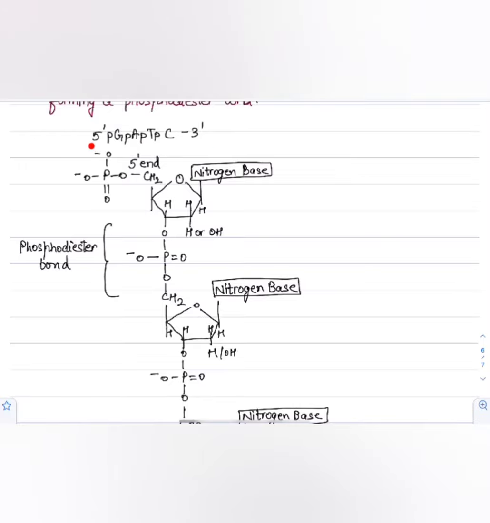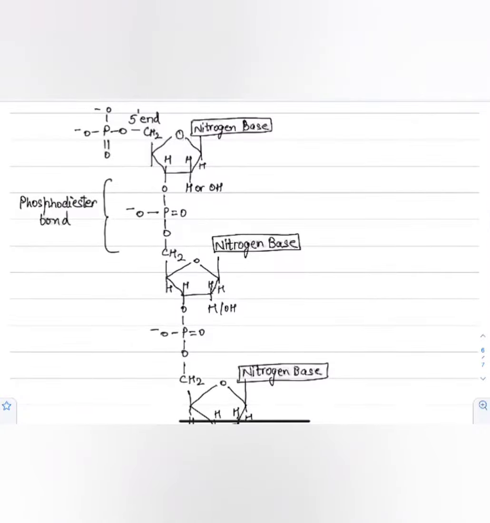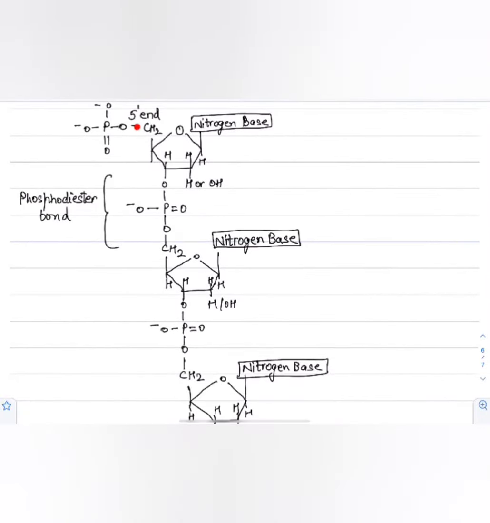Guanine, adenine, thymine, and cytosine groups are there in 5' to 3' direction. So the primary structure of DNA and RNA, the linear arrangement of the nucleotides, looks like this, which proceeds in 5' to 3' direction. And the common representation is given here of the primary structure of DNA and RNA.